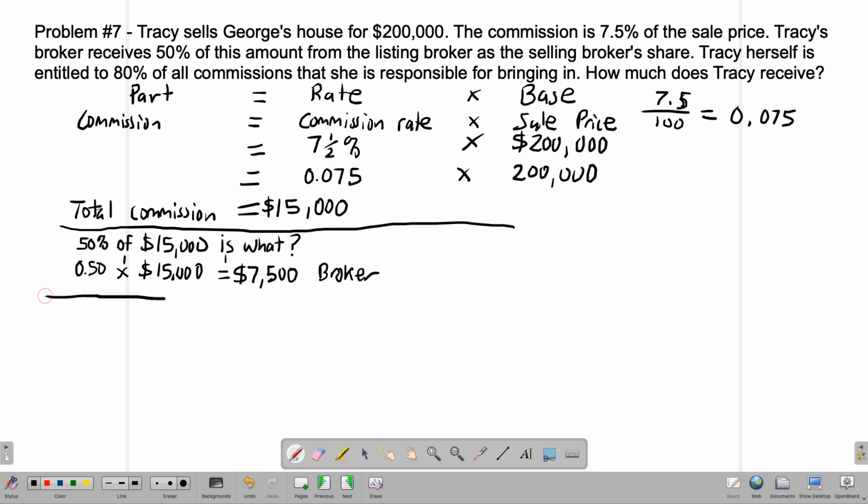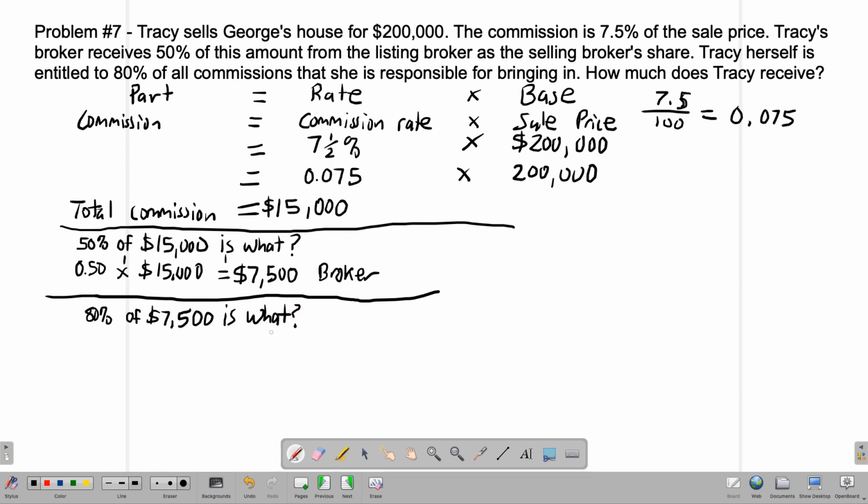Okay, now the ultimate question: Tracy gets 80% of what amount? So what we have here is 80% of 7,500, because her broker receives 7,500 from his share of the transaction. We ask the question, 80% of 7,500 is what?